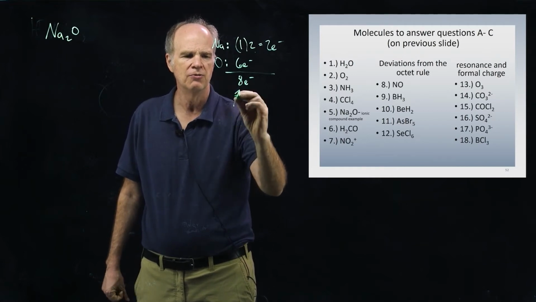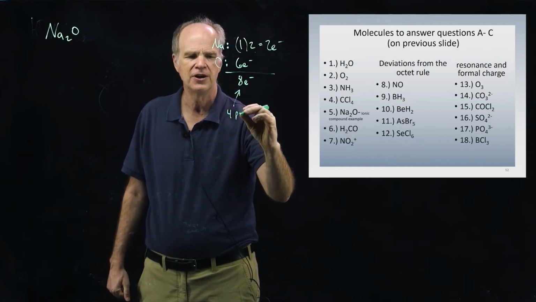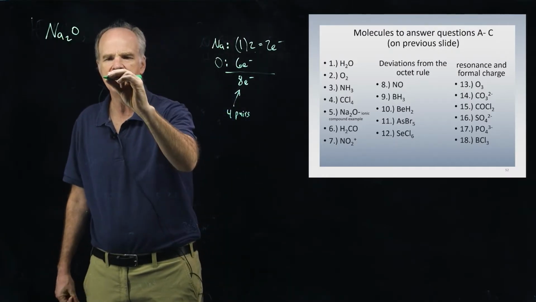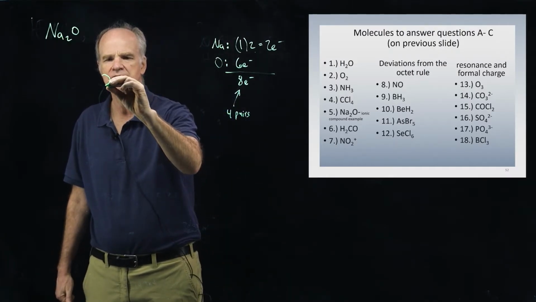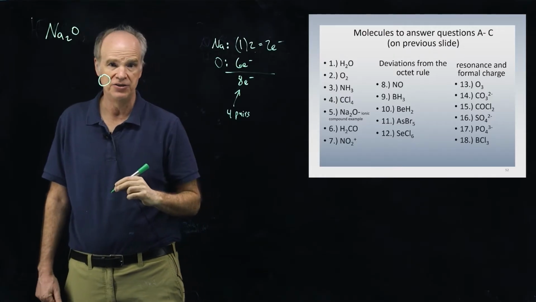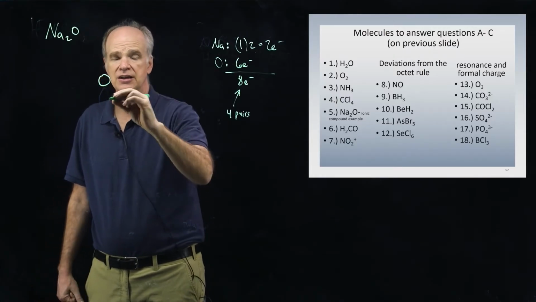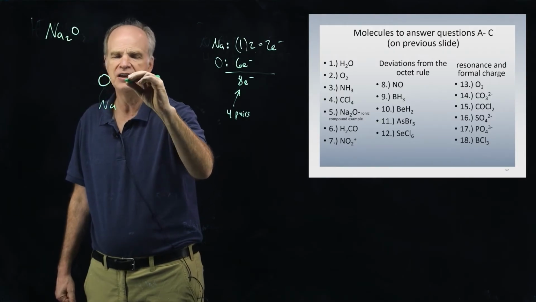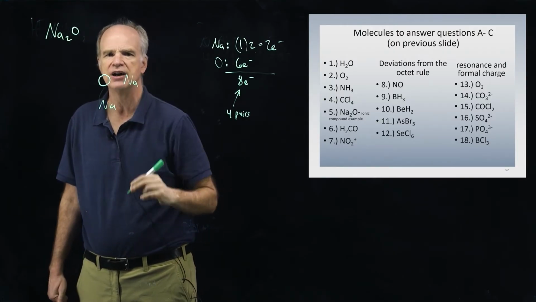And so what we're going to do is we have to deal with 4 pairs. So we probably have the oxygen atom in this ionic compound in the center. And so here I can put a sodium here and a sodium here, and this is correct.